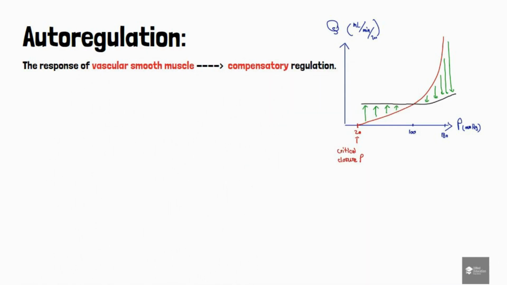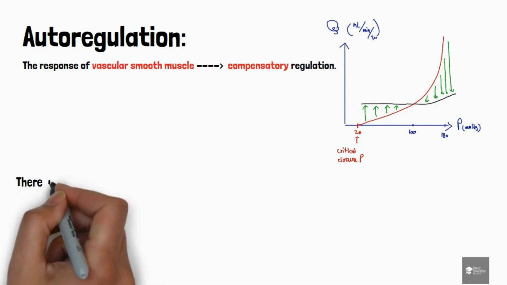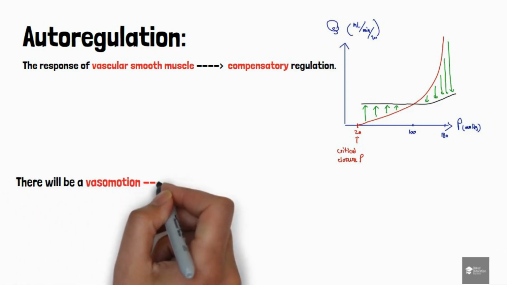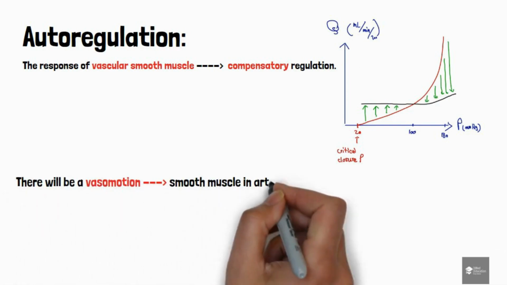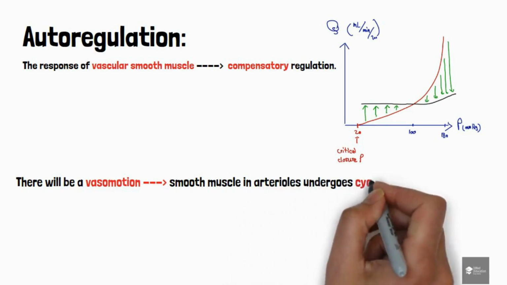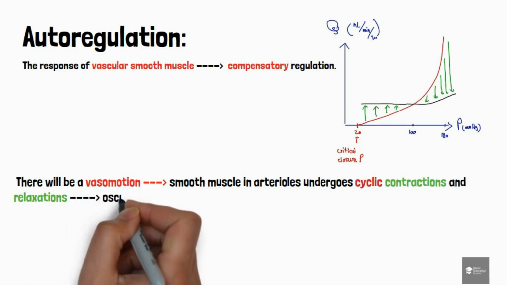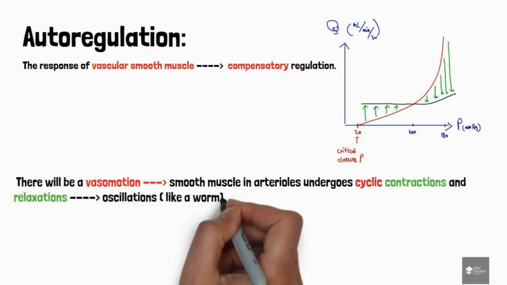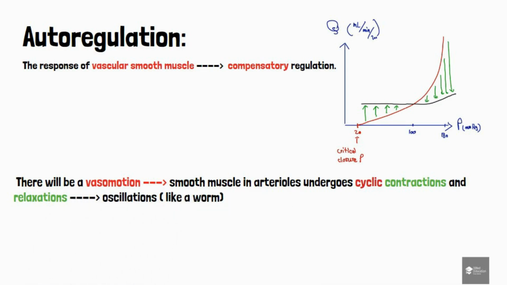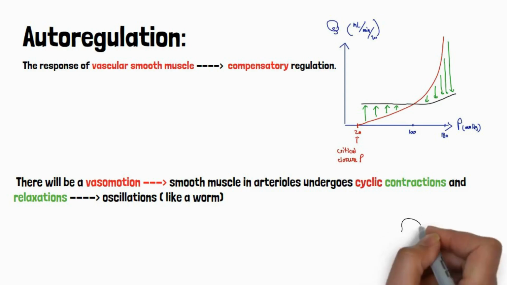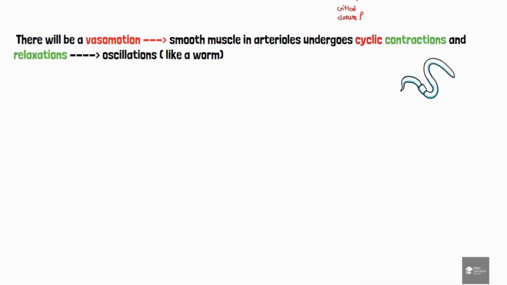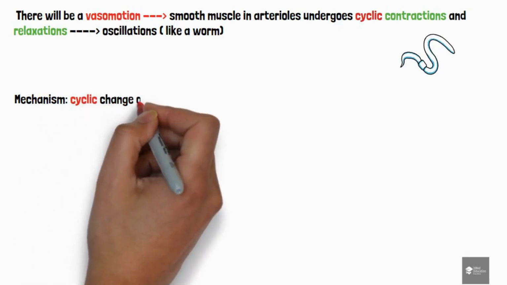So the response of vascular smooth muscle is compensatory regulation. What makes this autoregulation? There will be vasomotion. What do we mean by that? Smooth muscle in arterioles undergoes cyclic contraction and relaxation, and this is called oscillation, exactly like how a worm moves on the ground.